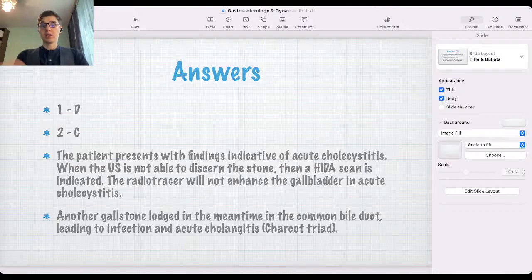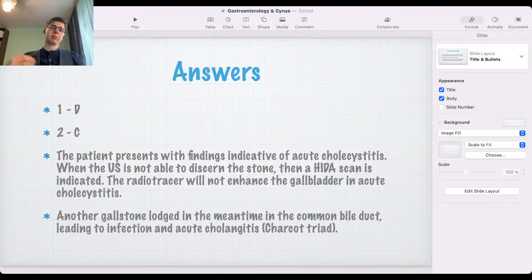We had other answers such as ERCP. The ERCP in the case of acute cholecystitis is a treatment for acute cholecystitis. Also, for the gallstone that is lodged in the meantime, in the second question, in the common bile duct, we have an infection that leads to acute cholangitis, therefore Charcot's triad.